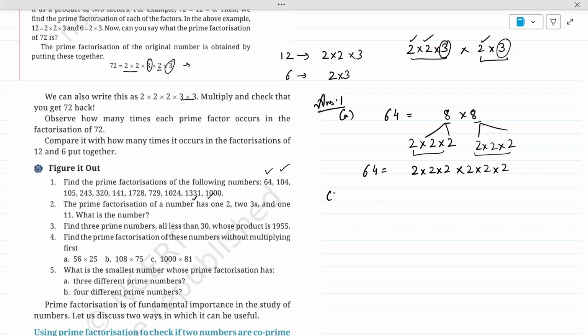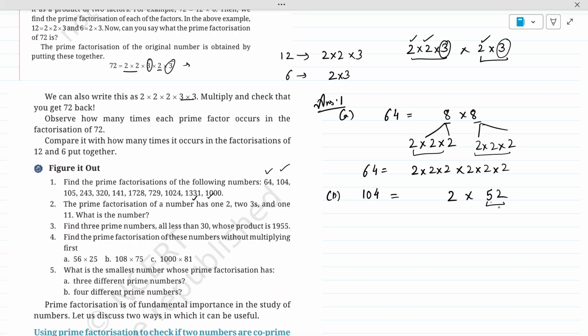Now for part B, I'm taking 104. So how can I write 104? I can write this as 2 multiplied by 52. And now I can break this 52 into further lower factors. So how can I do this?